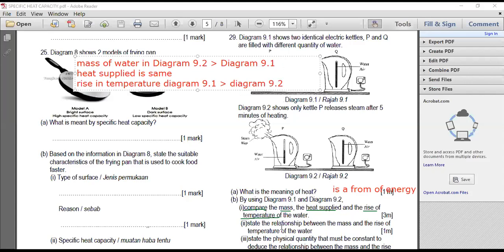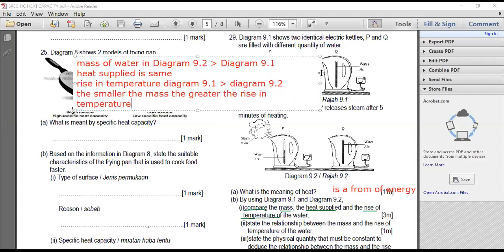And then they ask you to state the relationship between mass and the rise in temperature. So you can say, the smaller the mass, the greater the rise in temperature.